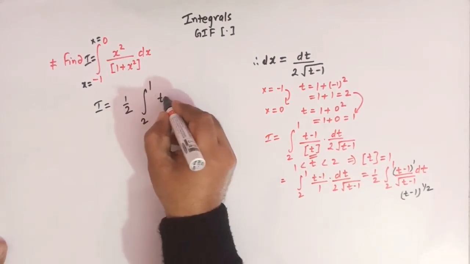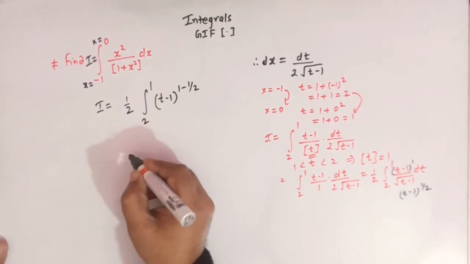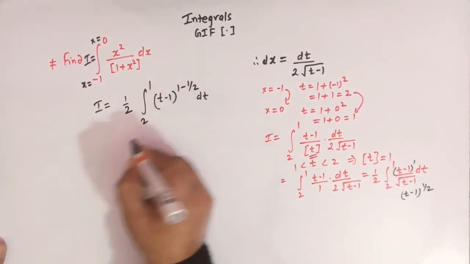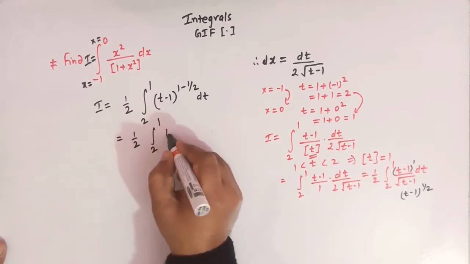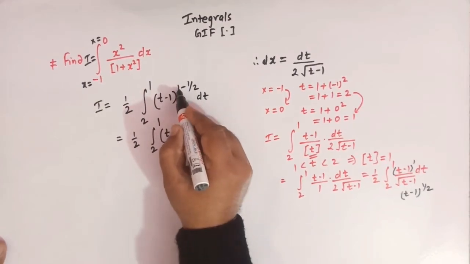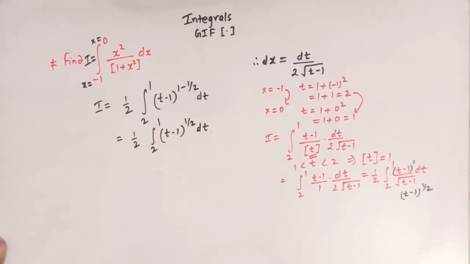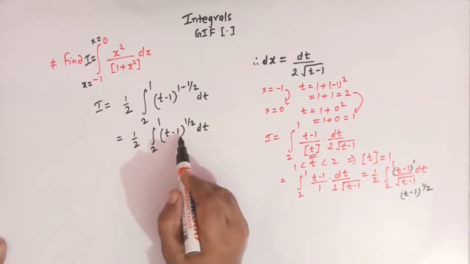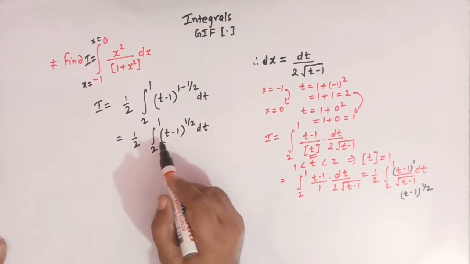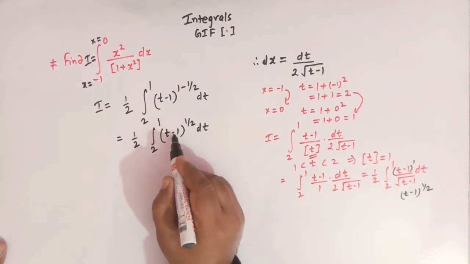So this becomes t minus 1 raised to minus half, and 1 minus half is half, so we have t minus 1 raised to half dt. Now we can solve this integral again by the method of substitution, or we can directly write its integral, but here we'll prefer the method of substitution.